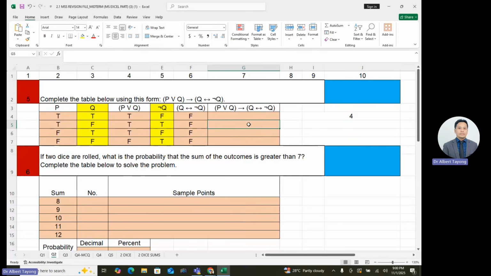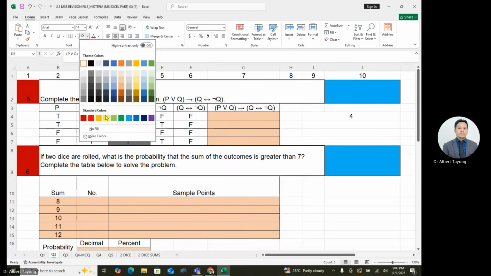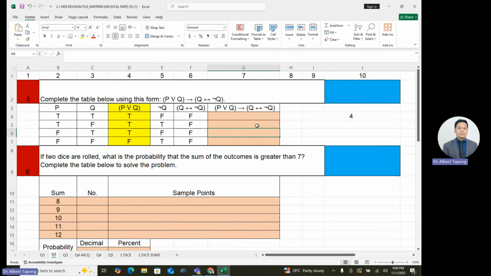And the last, the entire form. We can now remove all the colors here and highlight the required. The first one is P or Q. That's the first group, and this is the second group. Now, this is an if-then operator or conditional operator.